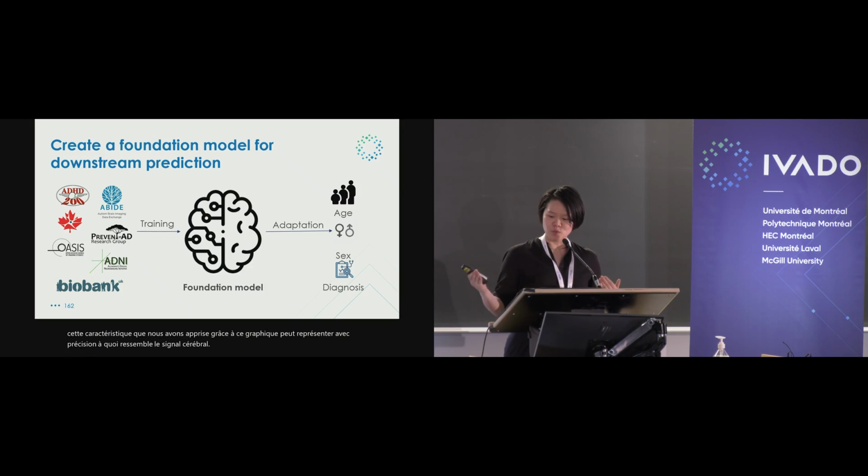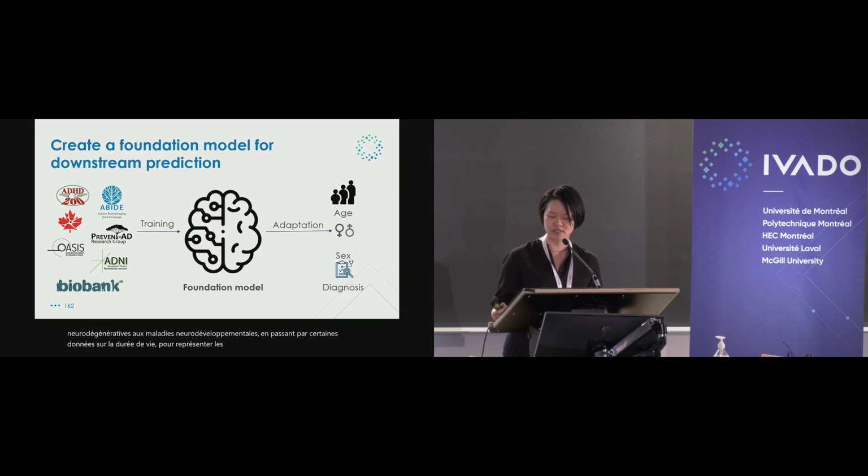So we have a lot of datasets. And one thing we thought about for how to combine all these many datasets is to use a foundation model. So we are going to combine all of the datasets from neurodegenerative to neurodevelopmental conditions, plus some lifespan data to represent natural aging.